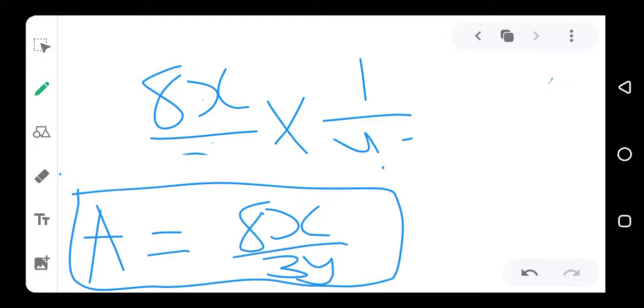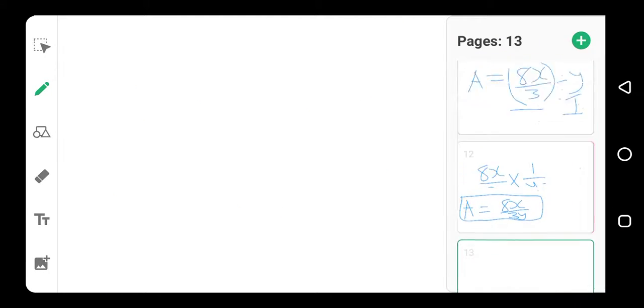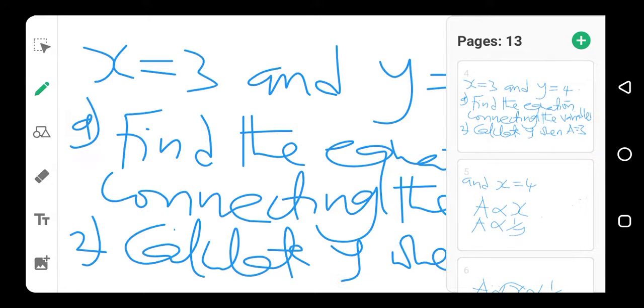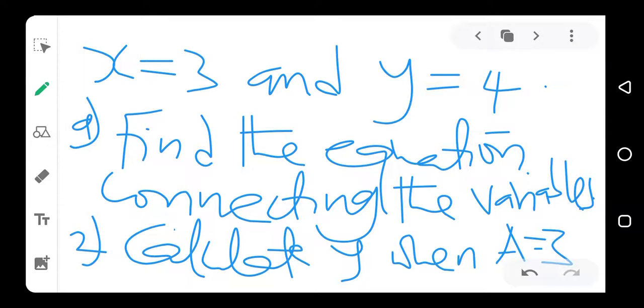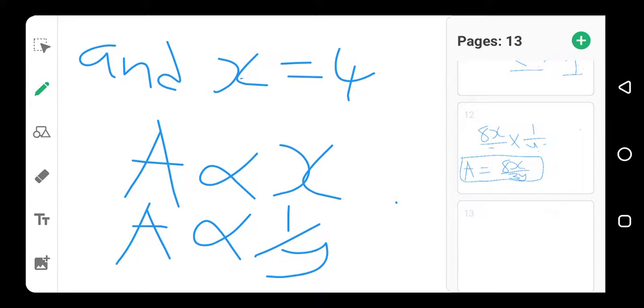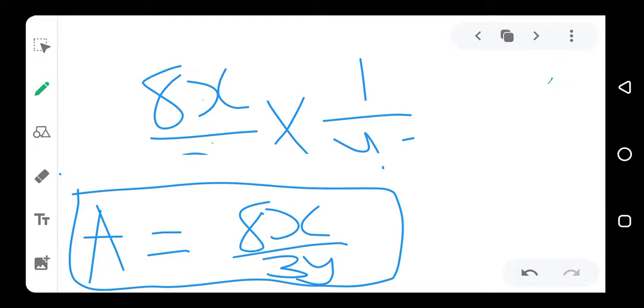Then question number B, we are asked to find y when A is equal to 3 and x is equal to 4. Now, what we are going to do is come to this equation connecting the variables, put in the ones that we have, and then look for the ones that we don't know.